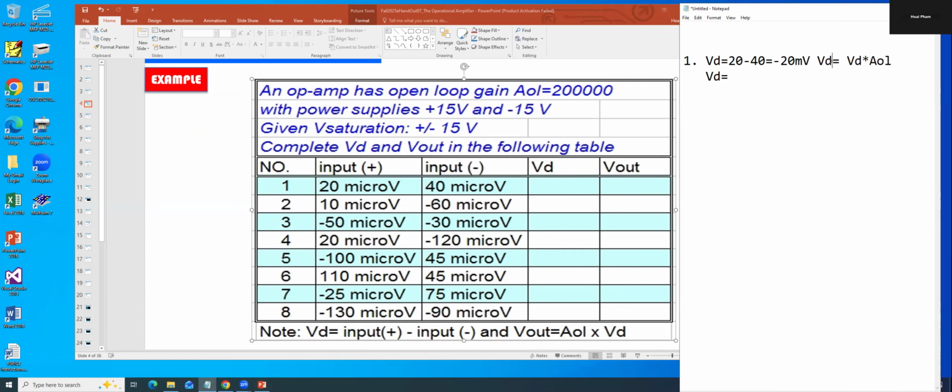Okay, V out. V out is AOL times VD. And the AOL is up top in blue where it says 200,000. VD means minus 40, half, 200,000, equals what?